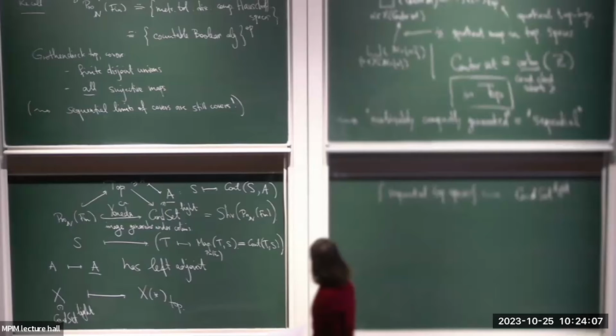Is it the same or more general than first countable topological spaces? I forgot all my general points of topology. Does somebody know? Is sequential the same as first countable? Discrete things are first countable.